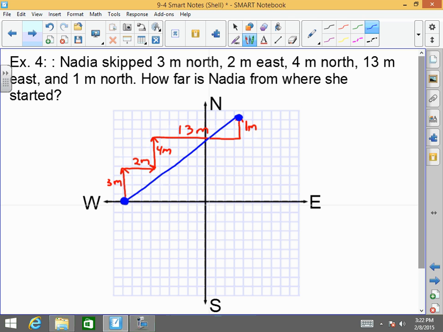Okay, let's look at how far she went north in total. Didn't she go up 3, then up 4, then up 1? So didn't she really go up a total of 8 meters? And how far did she go to the east? Well, didn't she travel 2, then 13? So didn't she really travel east 15 meters? Well, guess what?